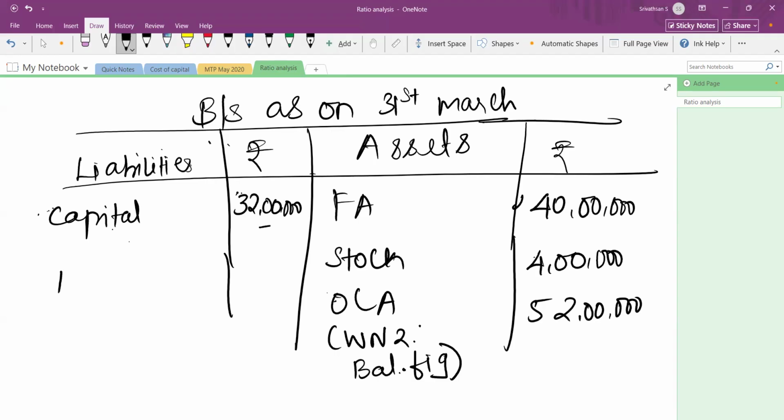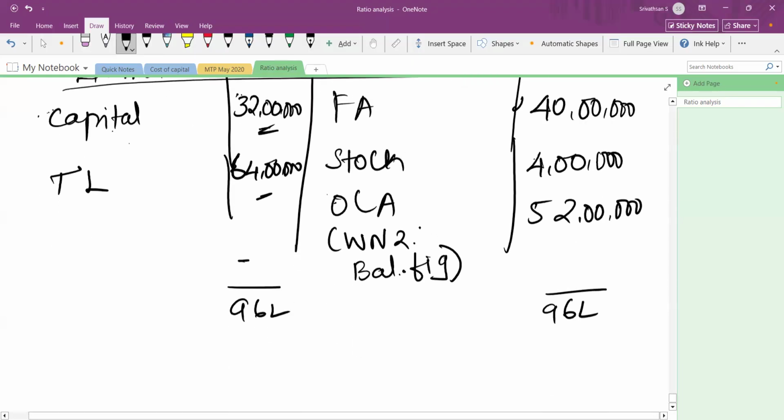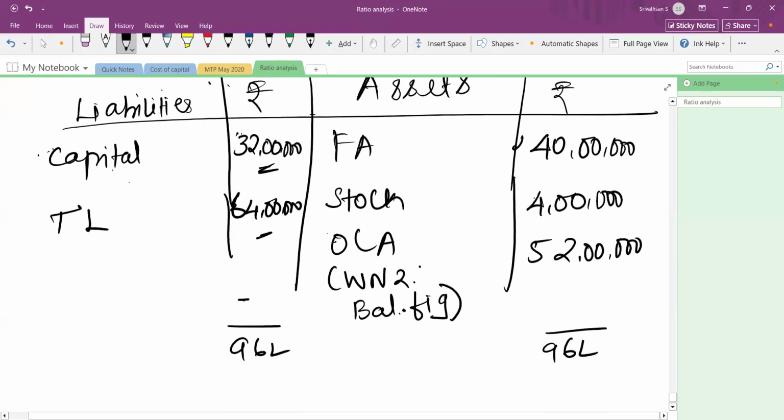So total liability is 64 lakh, and the total is 96 lakh. Then we have to assume that this 32 lakh is your equity share capital. That is the reason why it is ignored from the total liability. I hope you're getting the point.